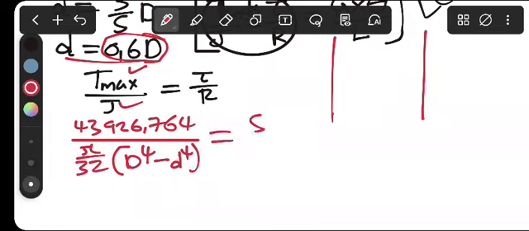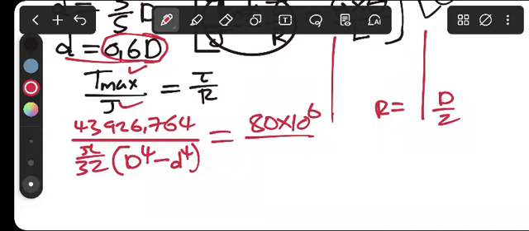Shear stress is 80 times 10 to the power 6, megapascal, divided by the radius of curvature. If you're given the radius of curvature, it's the diameter divided by 2. Remember, the radius of curvature there is the distance of the shaft, like that.